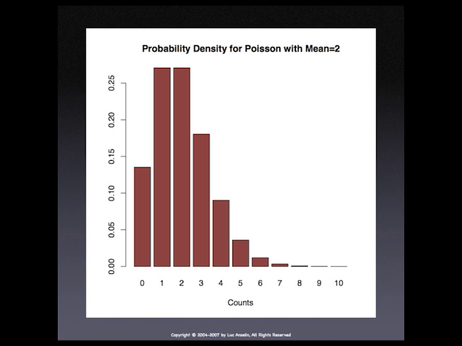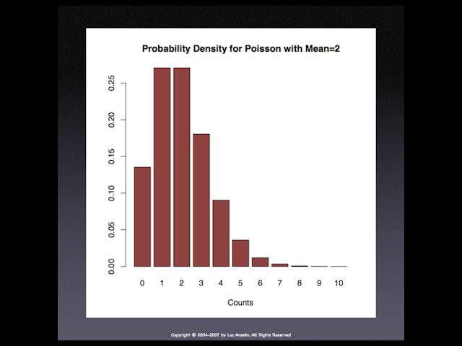Let me first show what the distribution looks like. So here we have, for a small mean of 2, you just plug in the numbers, and this is the characteristic skew distribution with a long tail on the right-hand side here. But as you up the number, you see it becomes more and more like a symmetric distribution. I cut it off here. There is a tail on the right-hand side, but it starts to look much more like your standard bell-shaped distribution.